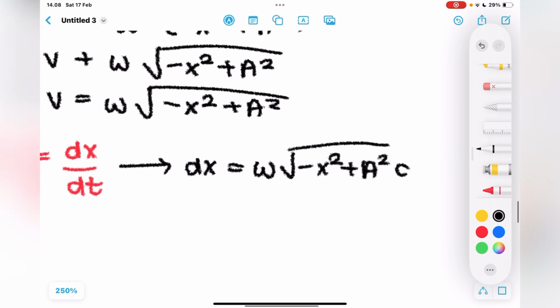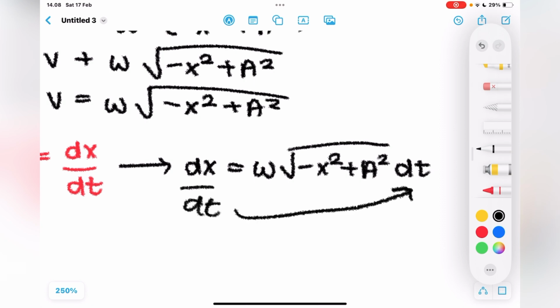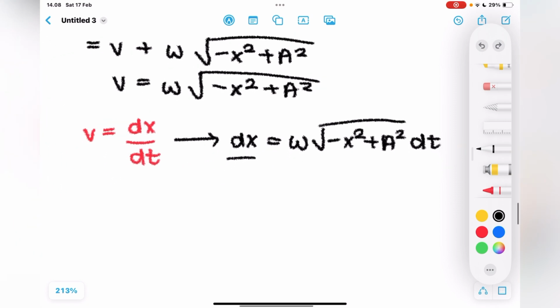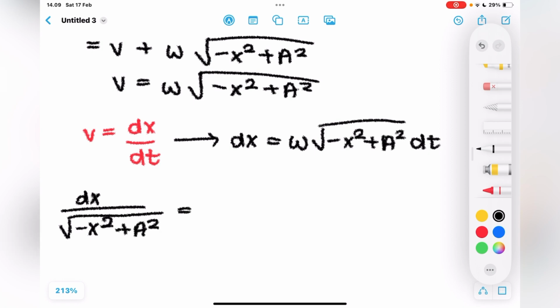And we can move dt over here, and since there's an x over here, we can move the x to the left, which will be dx over the square root of negative x squared plus a squared equal to omega dt.